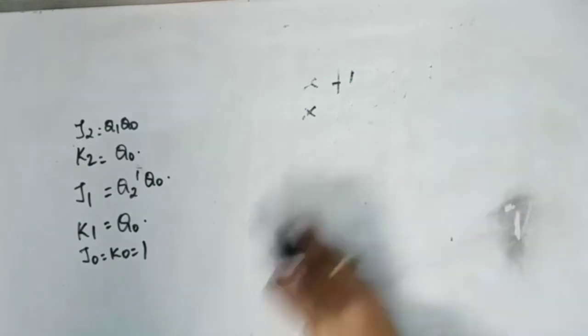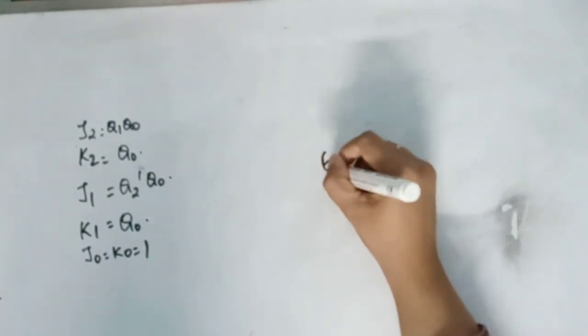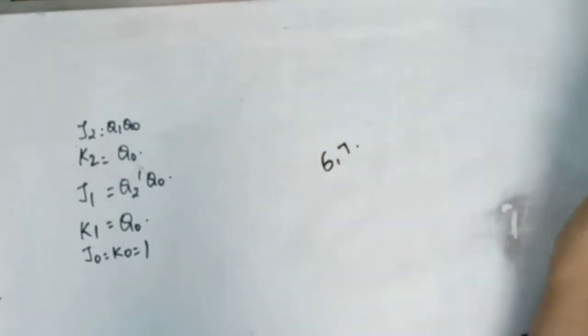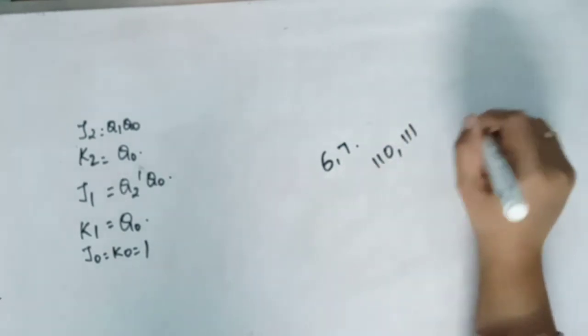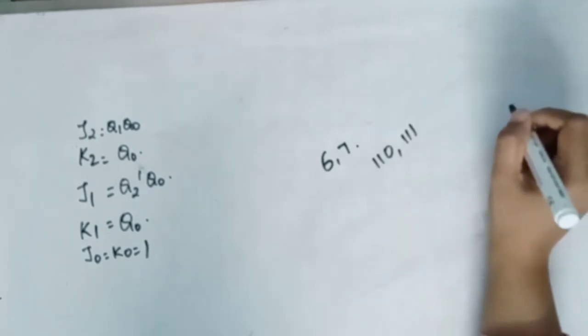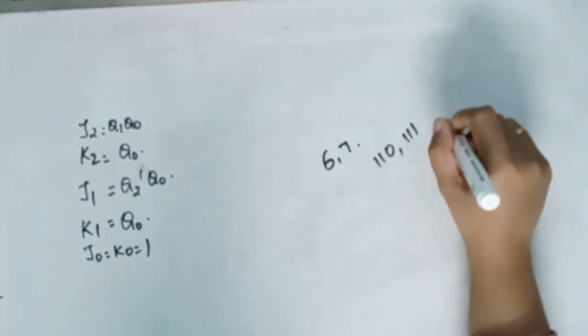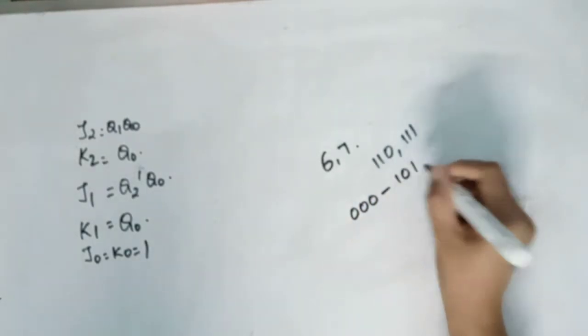So here there is an issue, that is, suppose 6 and 7 are unused states. That is 110 and 111 are unused states. We should not go to these two states because in a mod 6 counter it should count only from 0 to 5.